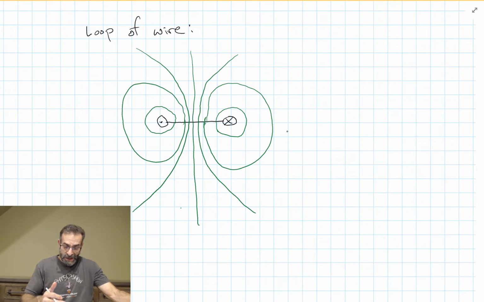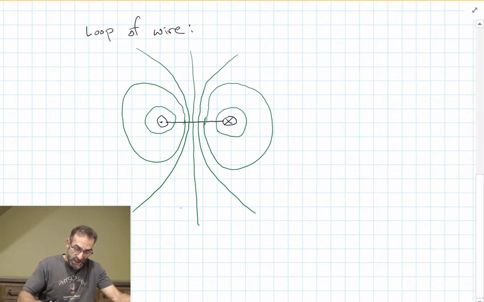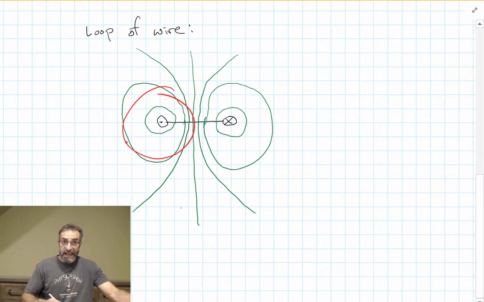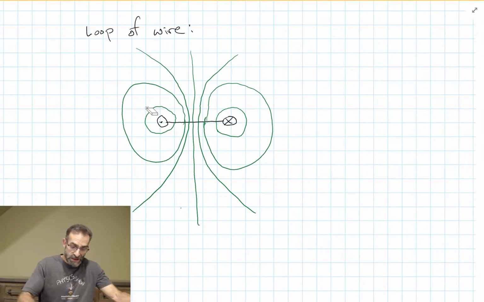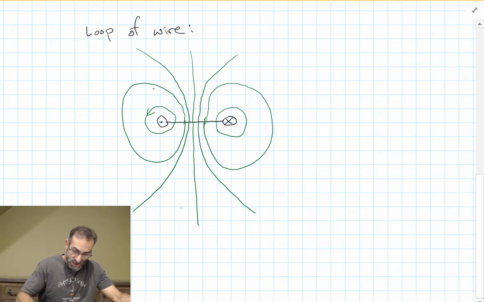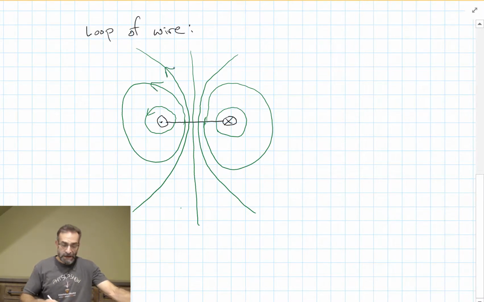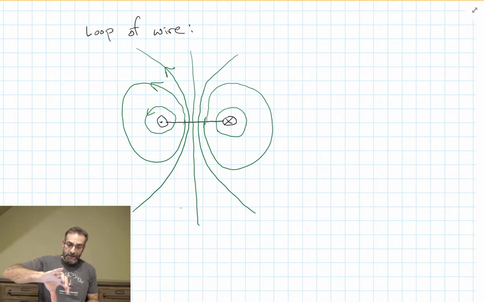We'll use our right hand rule. Put our thumb in the direction of the current. So on this side, on the left-hand side, I'm going to put my thumb in the direction of the current, and my fingers roll around the wire in the counterclockwise direction. So I'm expecting these magnetic fields to point like that. Now if we look at the right-hand side, I have to put my thumb into the page.